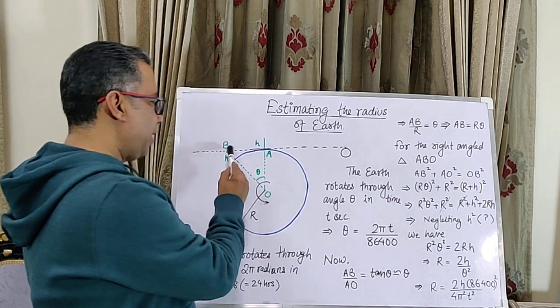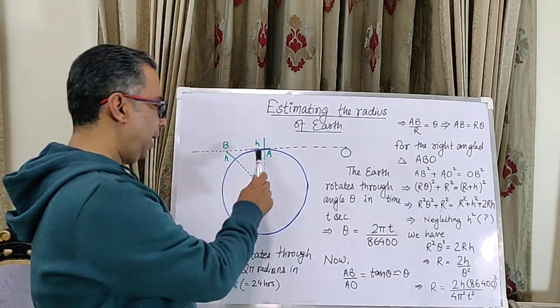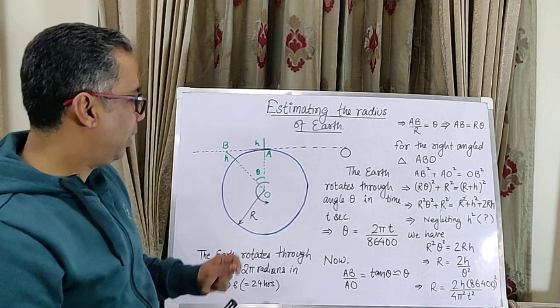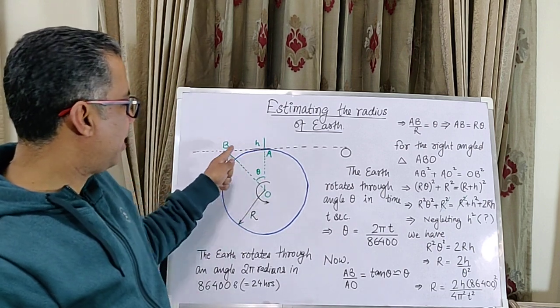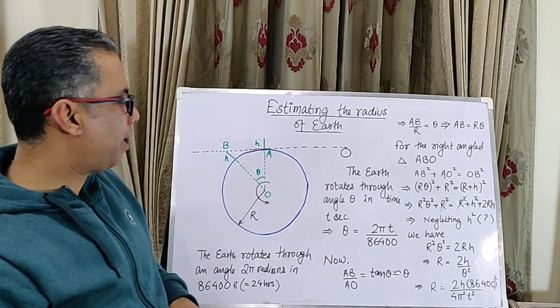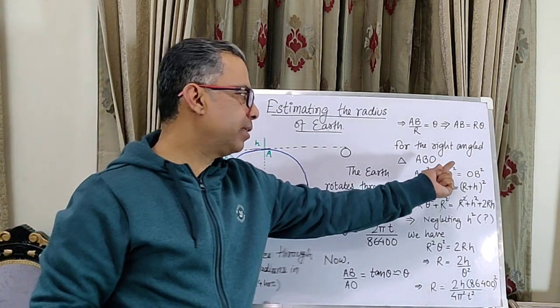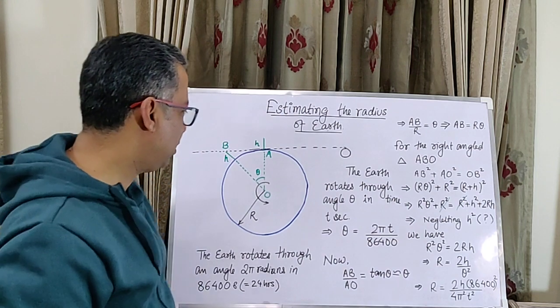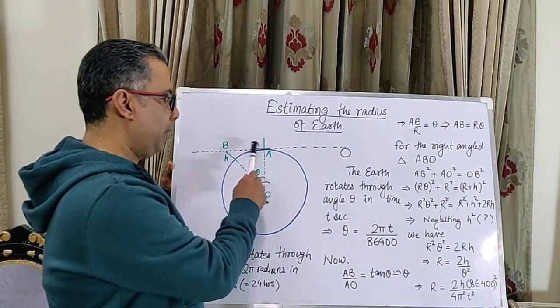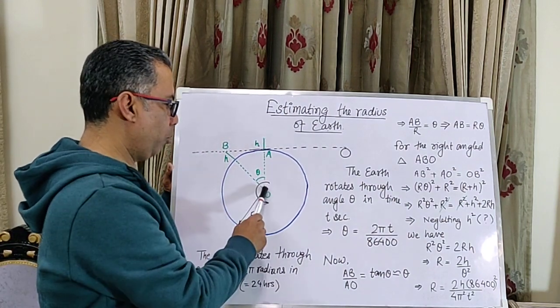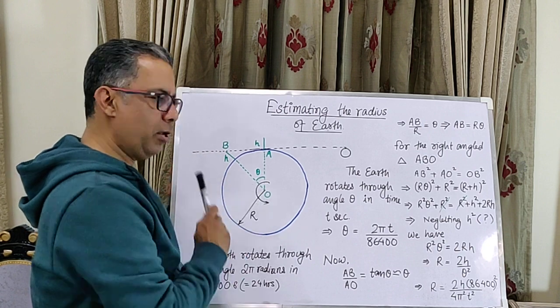Now, if you look at this right angle triangle AOB, we can apply Pythagoras' theorem. AB square plus AO square equals OB square.